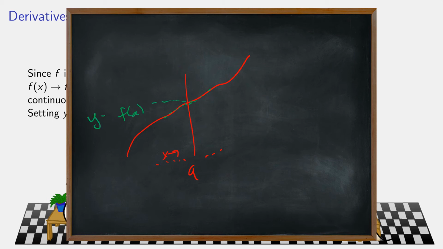Okay, but if I just imagine rotating this picture around, swapping x's and y's, so now my vertical axis is not the range of the function, but it's the domain of the inverse. So now I have a sequence approaching f of a in the domain of the inverse function. Since the inverse function is continuous, that must be generating a sequence converging to f inverse of f of a in the range of the inverse function. In other words, converging to a in the domain of the original.